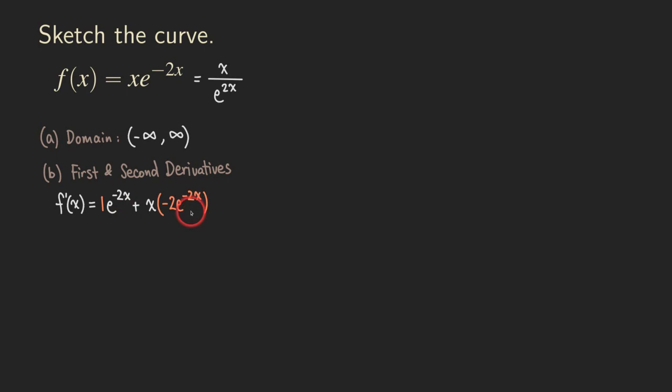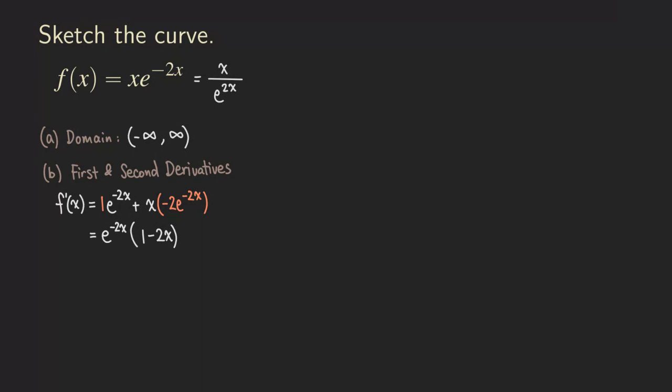So we can actually factor out e to the negative 2x, and then we'll see what we get. If we factor out e to the negative 2x, then it becomes e to the negative 2x here, and then you have some stuff inside the parentheses. If we factor out e to the negative 2x, we are left with just the 1 here. And then with that e to the negative 2x factored out, we are left with just negative 2 times the x, which is negative 2x. And so that's our first derivative.